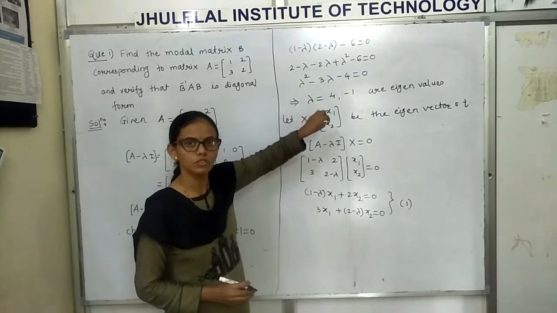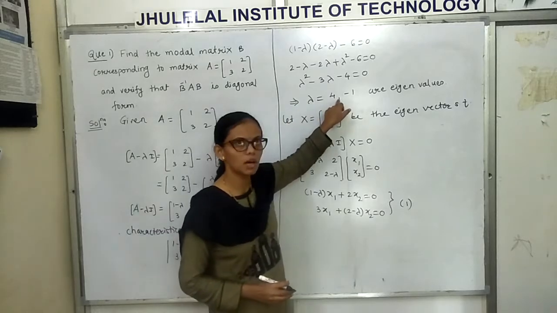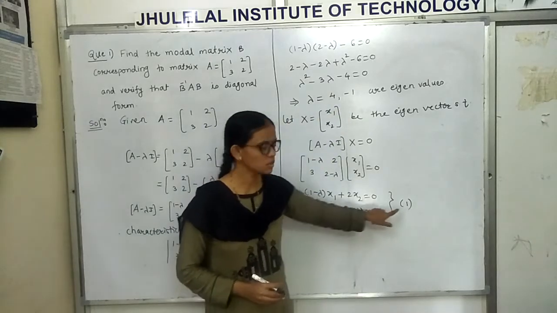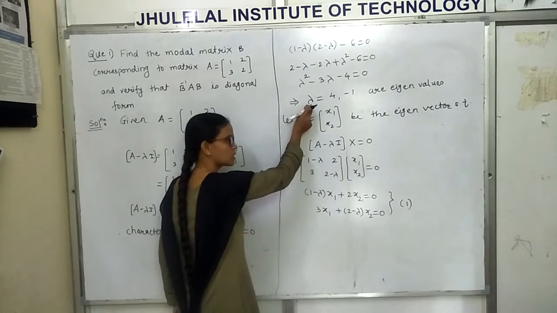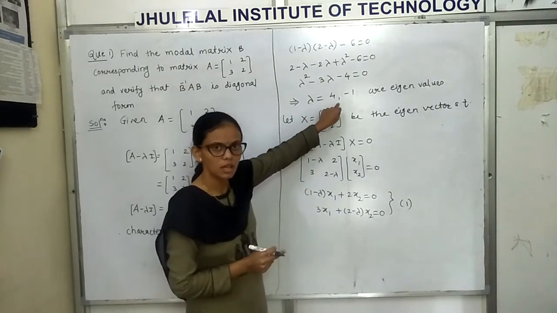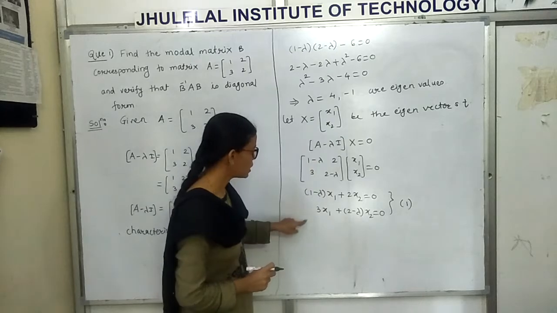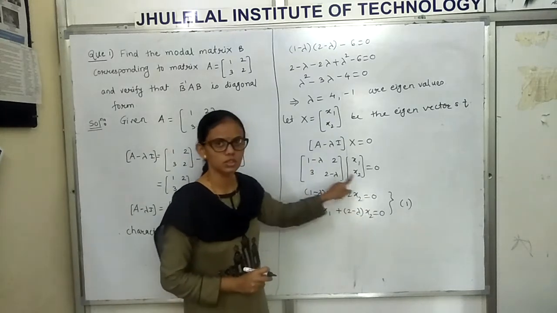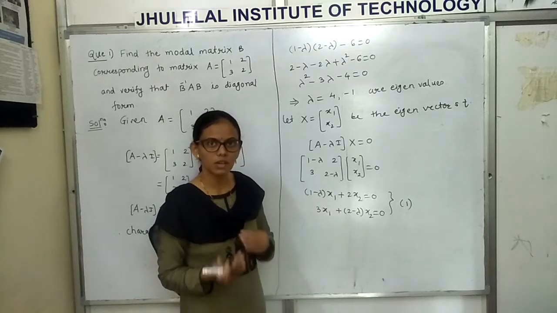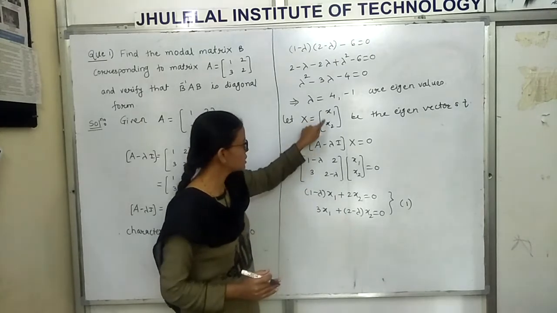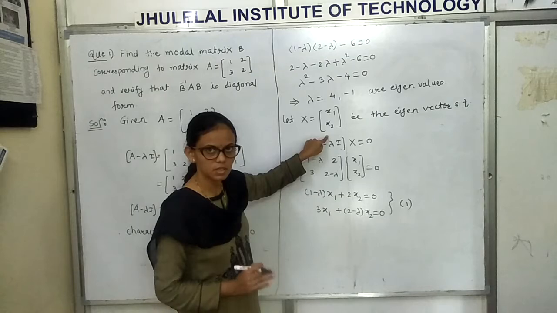So first of all, substitute lambda equal to 4 in equation 1. For calculating the eigenvector corresponding to lambda equal to 4, we have to substitute lambda equal to 4 in these two equations and then solve them to get the vector. To get the vector means to get the values of x1 and x2. Is that clear?